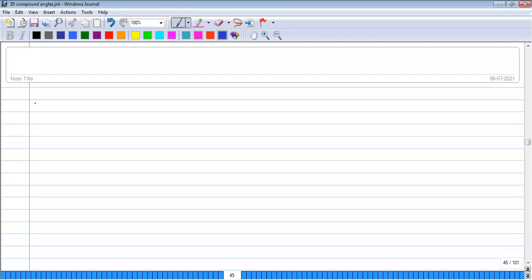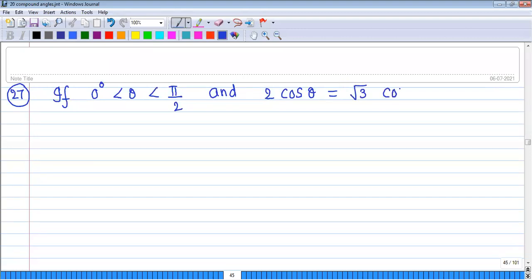So now the 27th problem. If 0 degrees is less than theta, theta less than pi by 2, and 2 cos theta equals root 3 cos 10 degrees minus sine 10 degrees, then theta equals the value of theta.